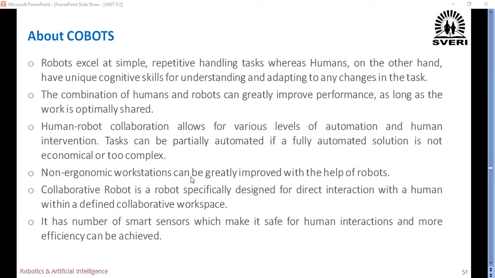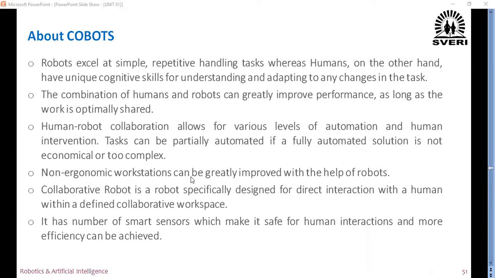A collaborative robot is a robot specifically designed for direct interaction with a human within a defined collaborative workspace. It has a number of smart sensors which make it safe for human interaction so that more efficiency can be achieved. Therefore, this robot which is working with a human has smart sensors so that it can sense that a human body is there so that an accident will not take place.